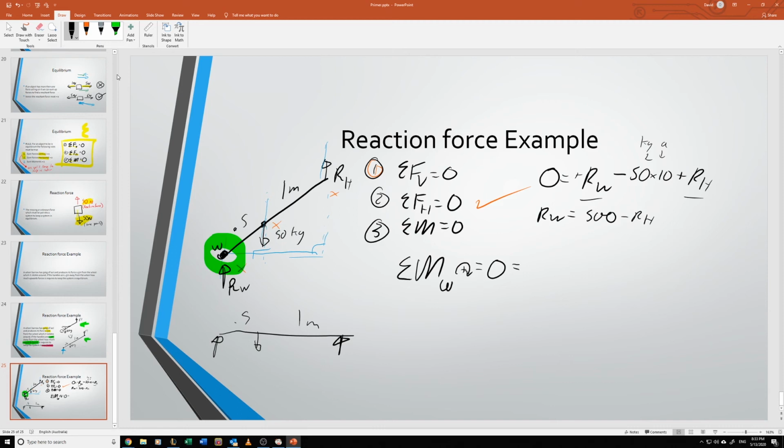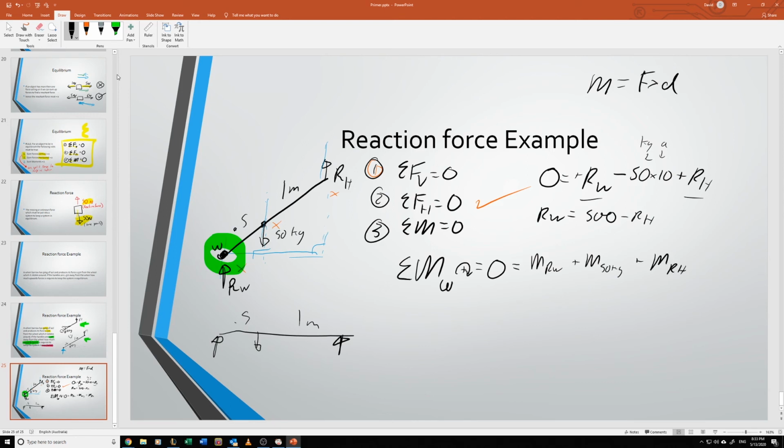And so let's say, all right, our first point over here, where we have our force of RW. Let's just remember our moment equals force times perpendicular distance. So for our first moment over here, we have our moment of RW plus our moment of our 50 kilograms plus our moment due to RH.